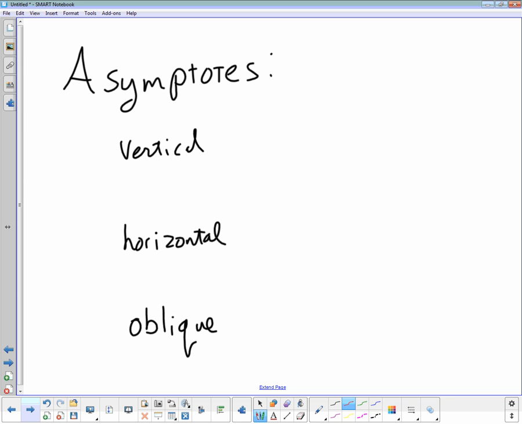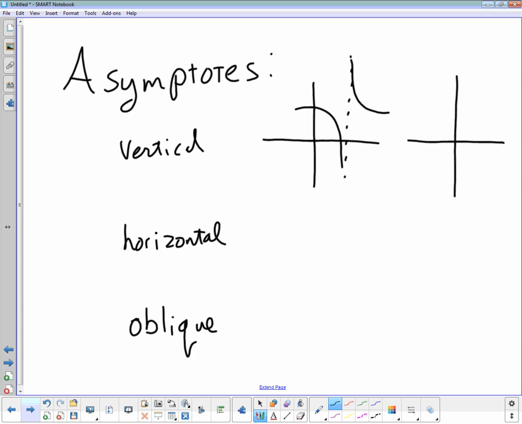Okay? Vertical, and we know these from before, we know what they look like. They could look like this. Or sometimes they look like this. They don't have to be going in opposite directions. They could go one way and go the other. They can both be coming from the same direction.